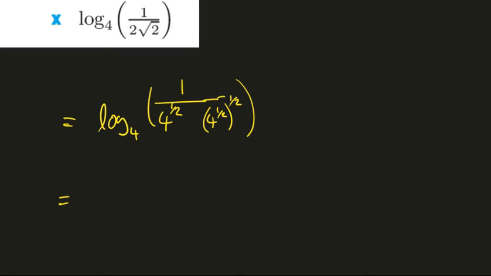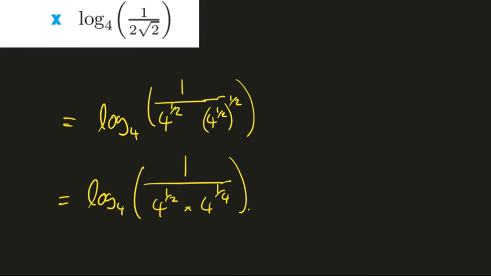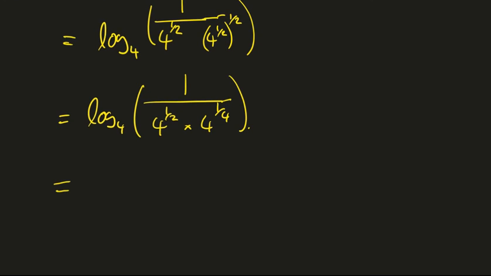Let's carry on with this, try and combine this now. Now, we'll leave the 1 at the top just for a moment, perhaps. Let's bring this together. So we'll have 4 to the half multiplied by 4 to the quarter. And we can bring those together by addition. So we will have, well, 4 to the half is like 2 quarters.